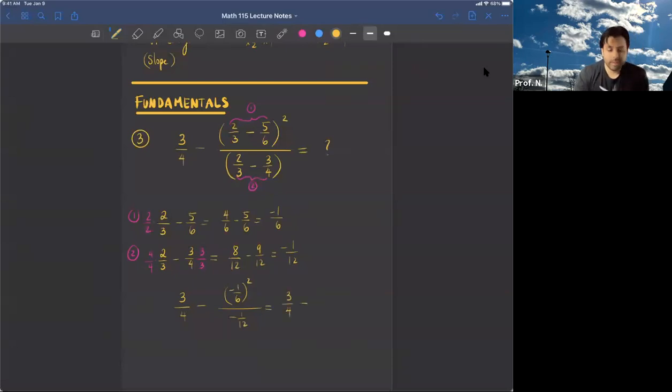When I square this, it's the same thing as negative 1/6 multiplied by negative 1/6. I'm multiplying this to itself, right? So what's negative times a negative? Positive. What's 1 times 1? 1. 6 times 6? 36. So the answer here would be 1/36. So on top I have 1/36 divided by negative 1/12.